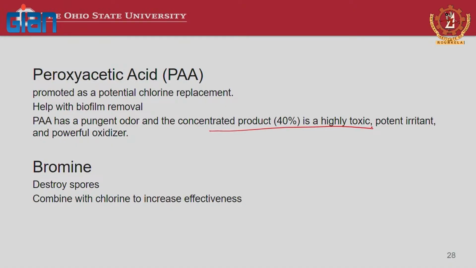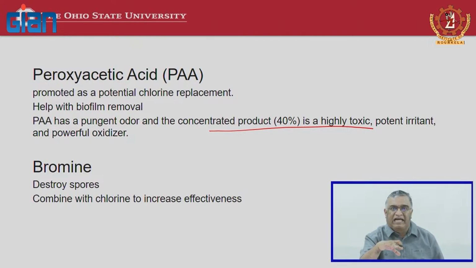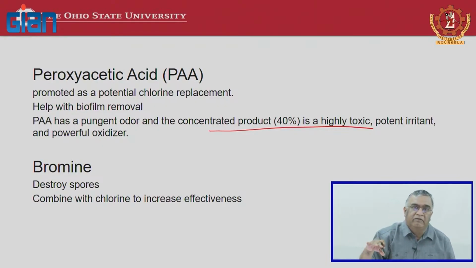So, remember, when you use a sanitizer, when it kills the bacteria, chances are above a certain concentration it can affect humans or any other animals. So, you have to use just enough concentration to kill the bacteria, and then you have to make sure you remove any residue left over, so that it does not affect the food when you start processing again.